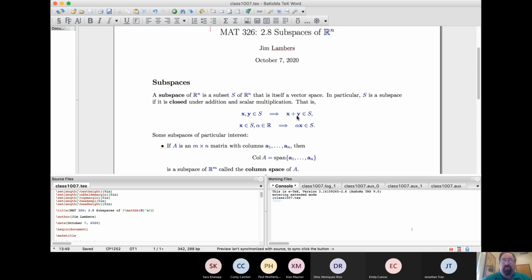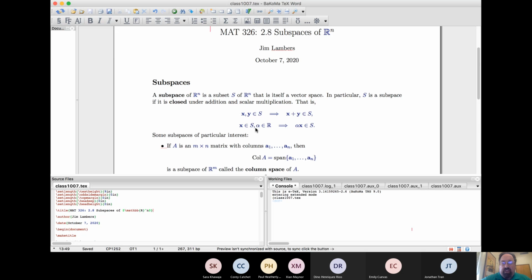As an example, suppose I'm in R3, so I have vectors consisting of x, y, z coordinates. If I take a subset consisting of all vectors where the z coordinate is equal to 0, that would actually be a subspace, because if I have two vectors whose z coordinates are 0, I add them, the z coordinate will still be 0.